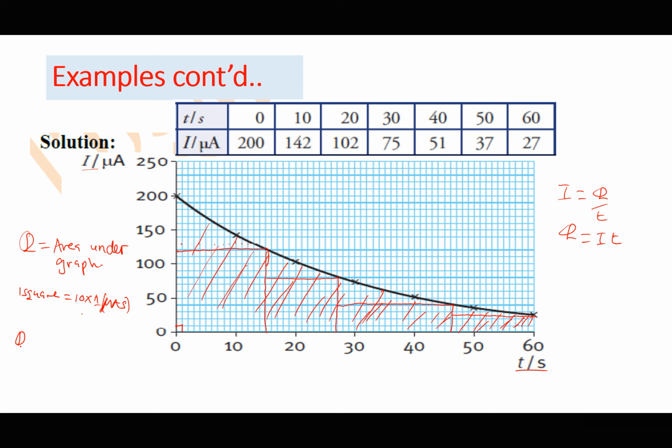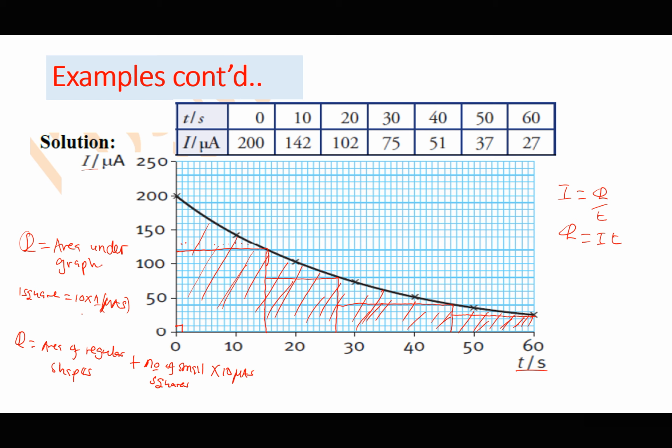So Q will be equal to the area of the regular shapes you have got plus the number of small squares times 10 microampere seconds.